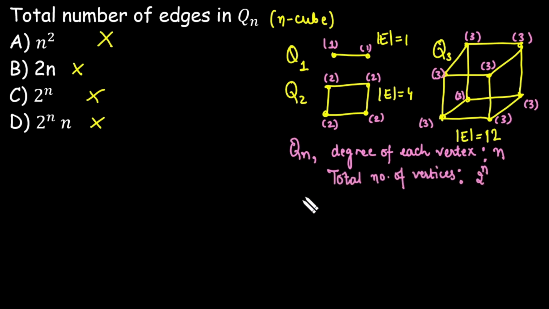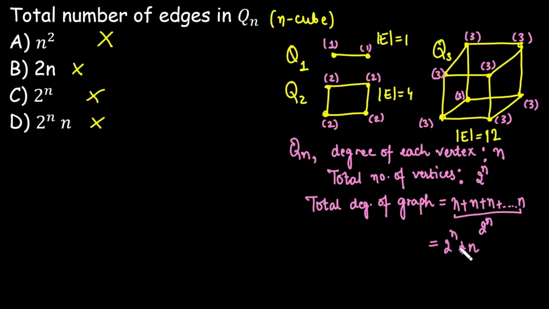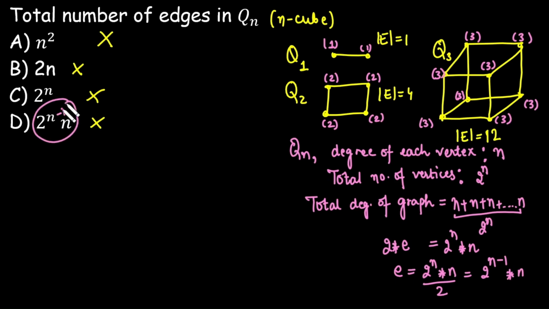We have done this recently. So the total degree of the graph is equal to n plus n plus n, 2 raised to power n times. So the total degree is 2 raised to power n into n. Now, the total degree of the graph is equal to 2 times the number of edges by the handshaking theorem. Total edges is equal to 2 raised to power n into n divided by 2, that is equal to 2 raised to power n minus 1 into n. So the option with n minus 1 in the exponent is the only one that is correct.